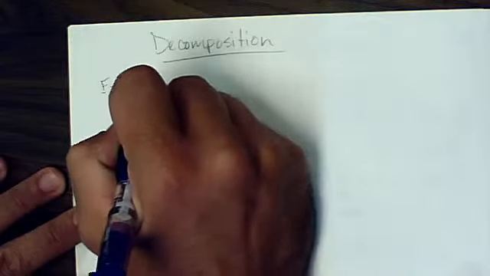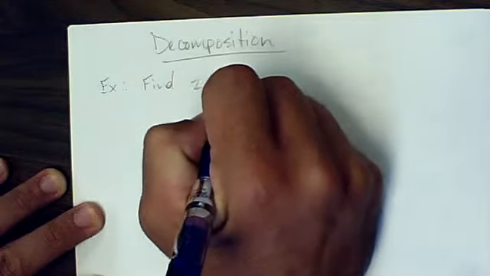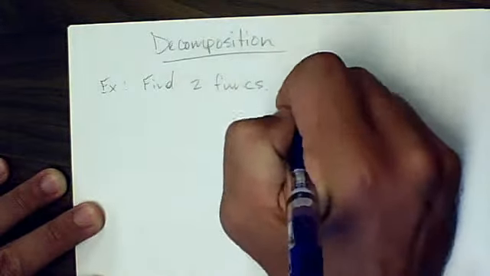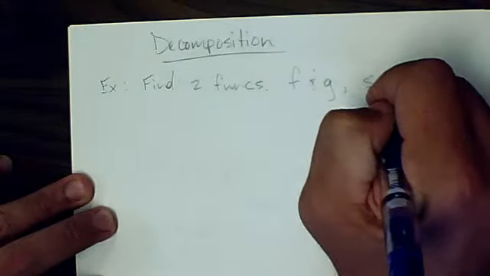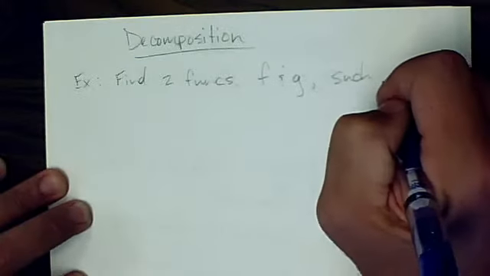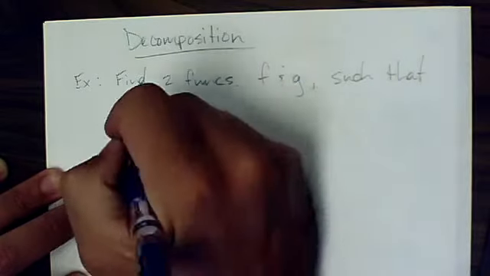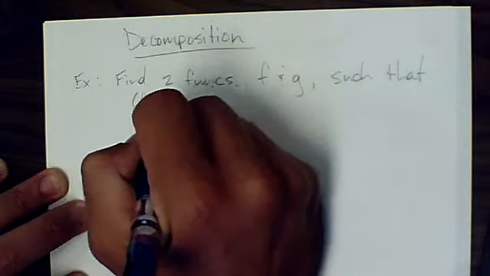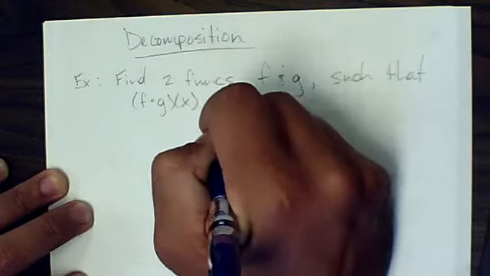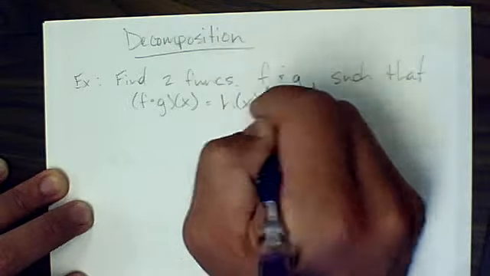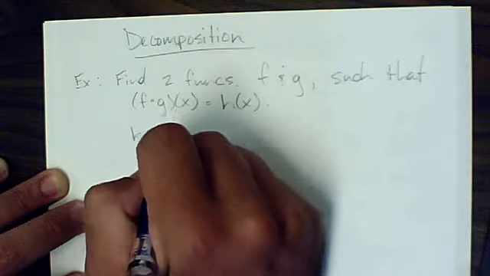Find two functions f and g such that f of g of x equals h of x. And then you'd be given h of x.